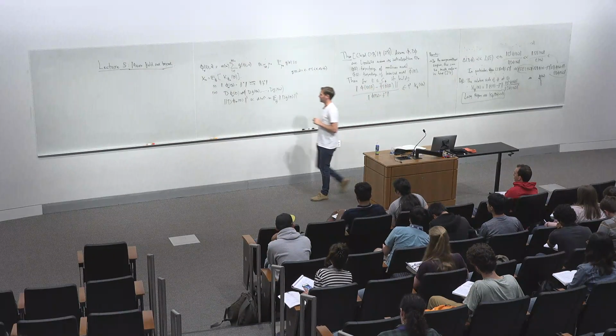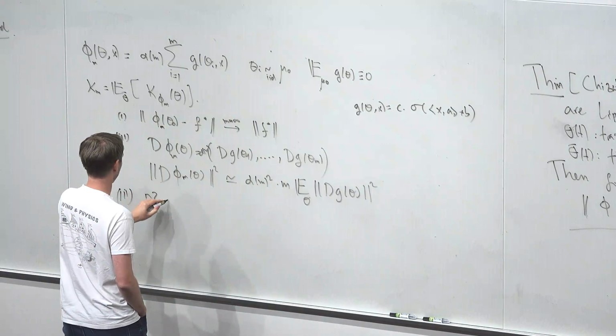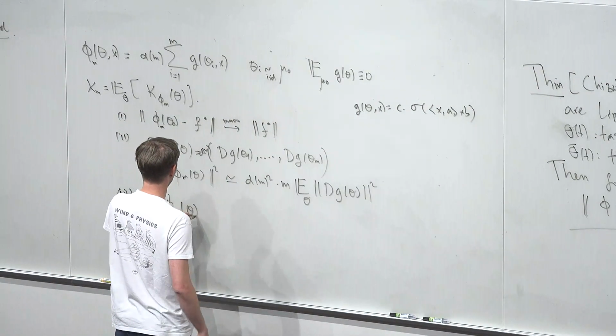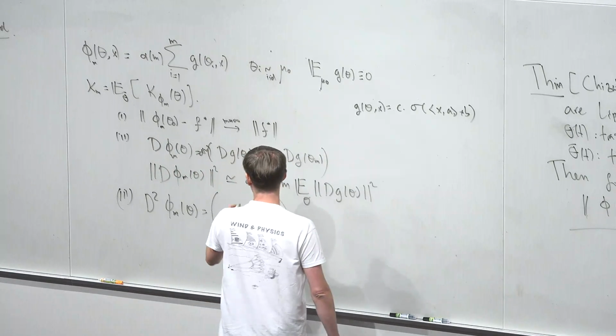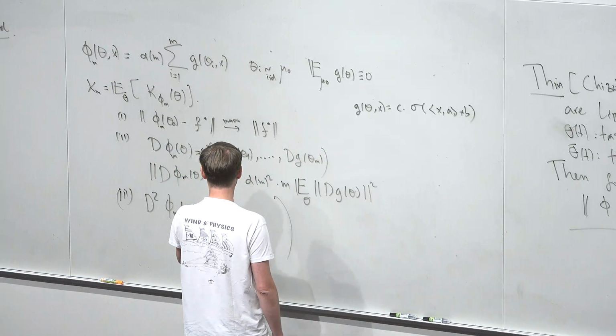And what about the Hessian? This is going to be a matrix that is diagonal. It will contain alpha of m here.